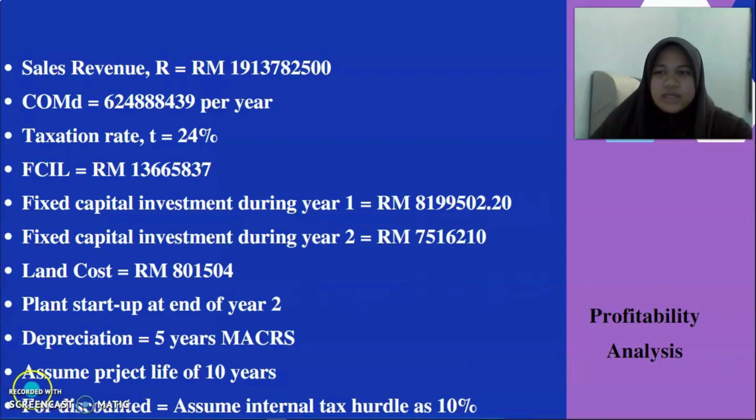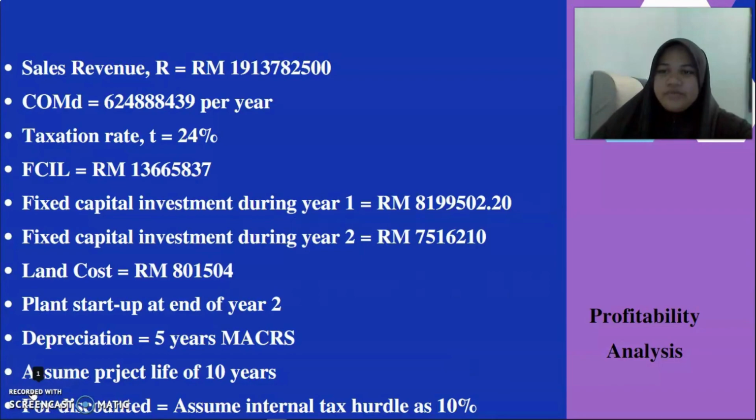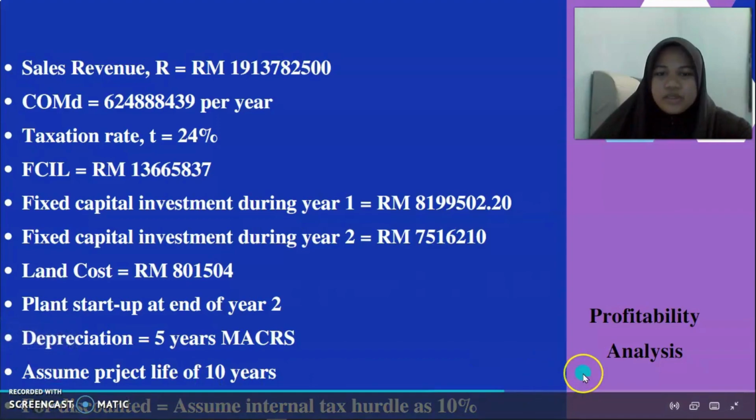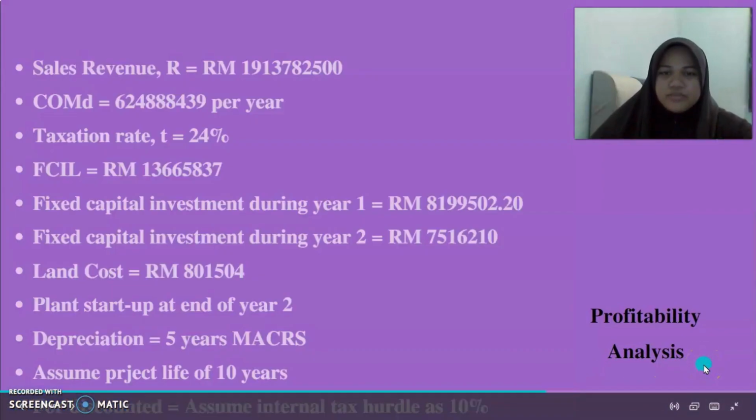For profitability analysis, the information such as the sales revenue, the cost of manufacturing after depreciation, the taxation rate, and the fixed capital investment during year 1 and year 2 was prepared in order to calculate the cumulative cash flow diagram for non-discounted and for discounted.